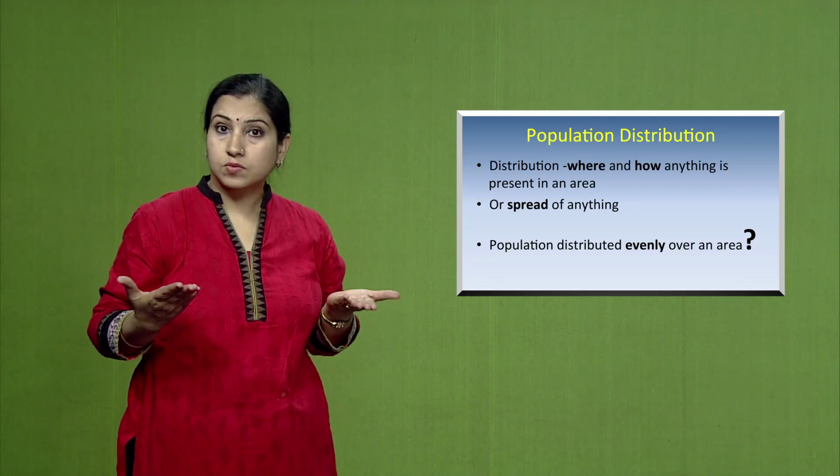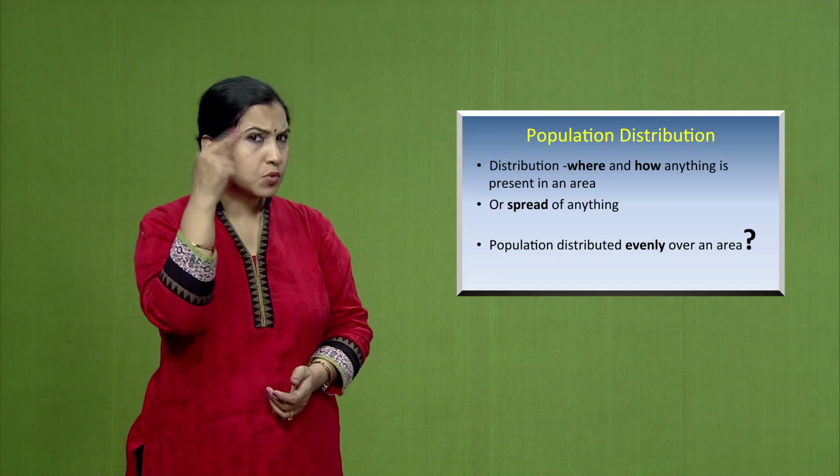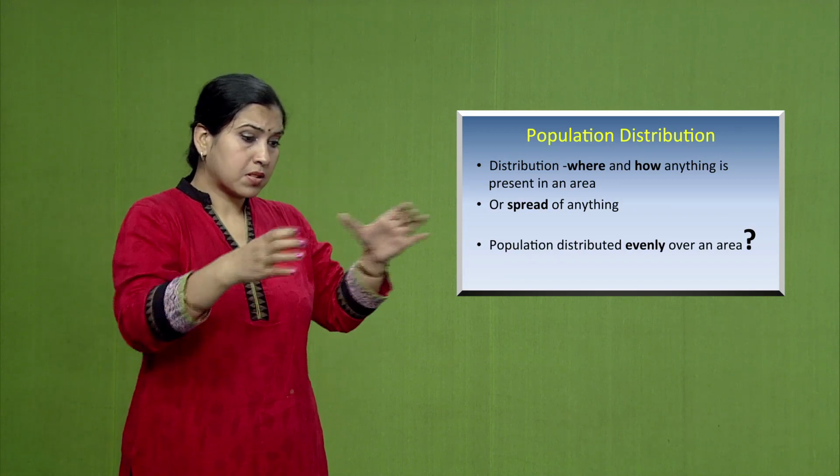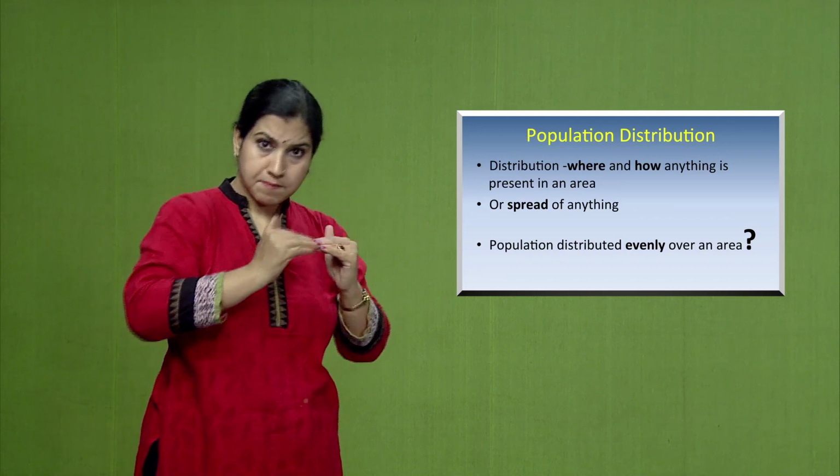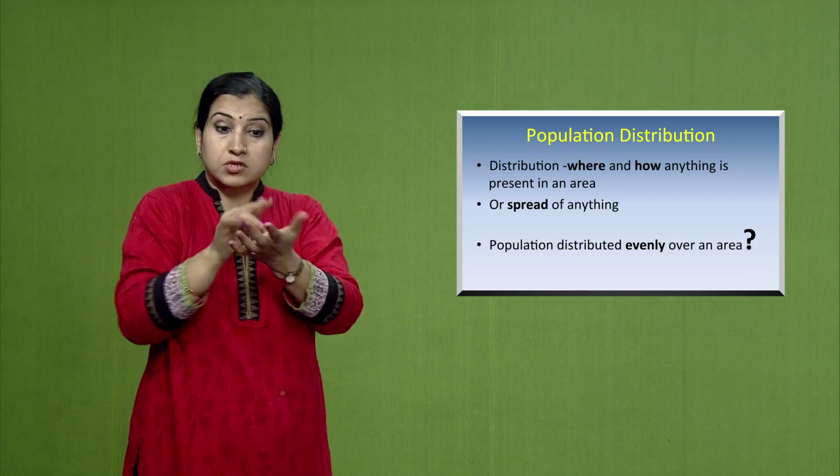So, what do you think, is population distributed evenly all over an area, while some places have lesser population?